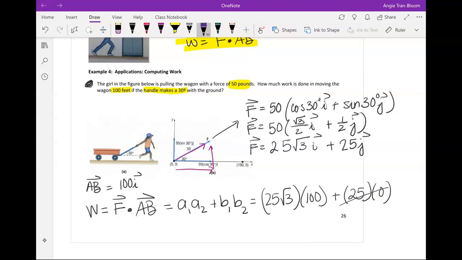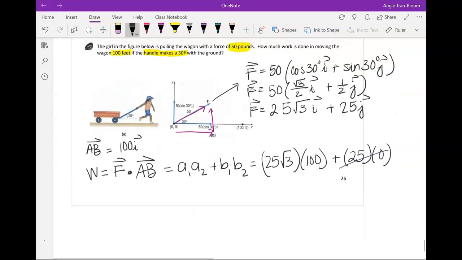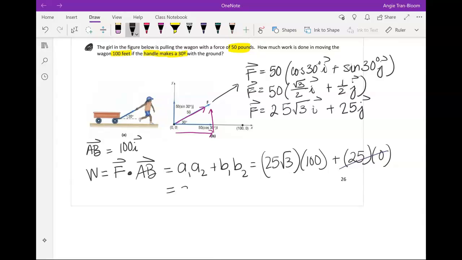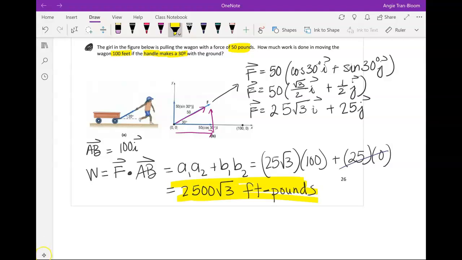So this whole second term is gone. So the work done is 2500 root 3. And yes, you must give me the right unit of measurement: foot-pounds. This is the work. Okay, and that is the end of example 4. Actually, this is the end of chapter 9.